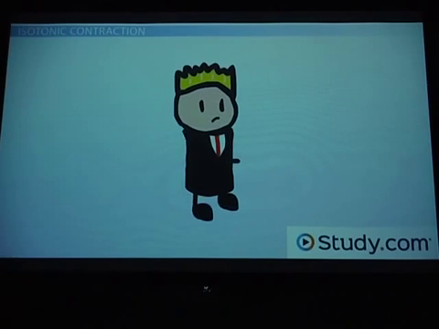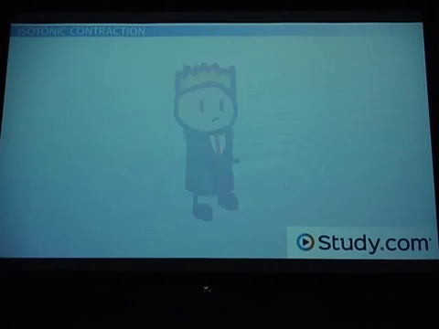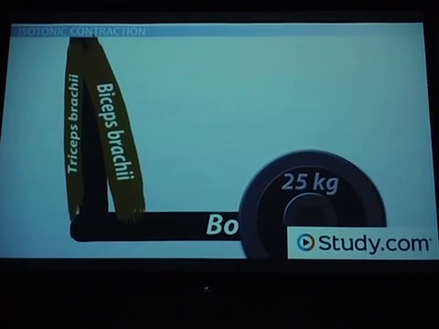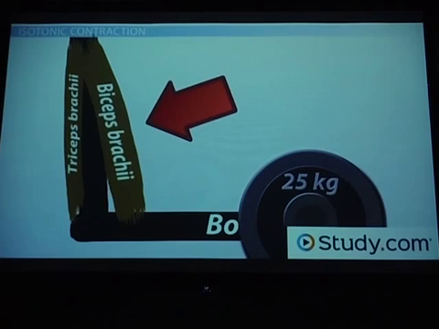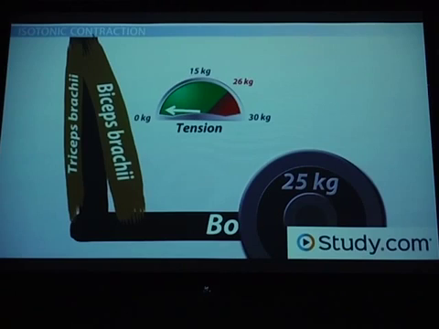Now let's consider an example. Let's consider a man attempting to curl 25 kilograms. This movement requires the use of the biceps brachii, also known as our guns. Now, before the muscle can shorten and thus move the 25 kilogram load, it must first develop slightly more than 25 kilograms of tension.